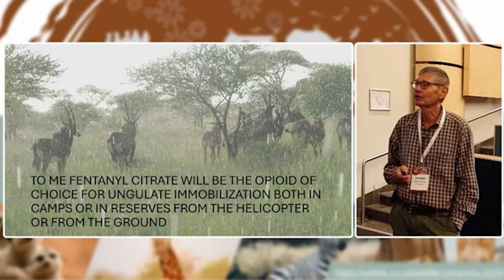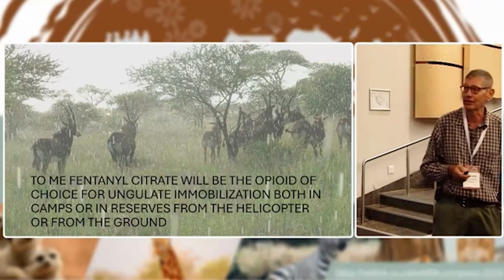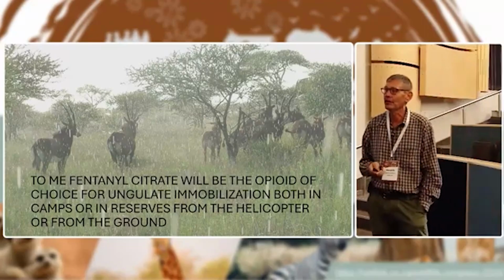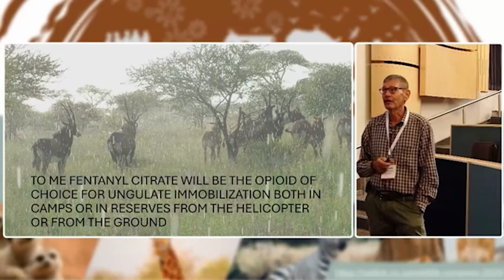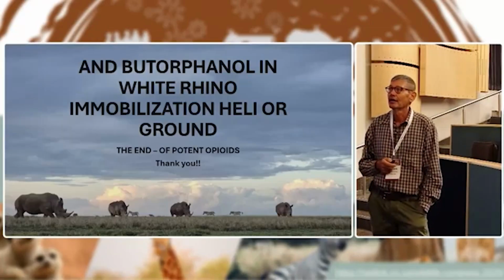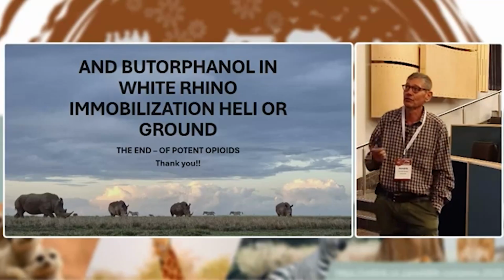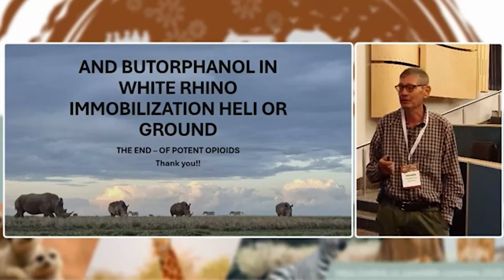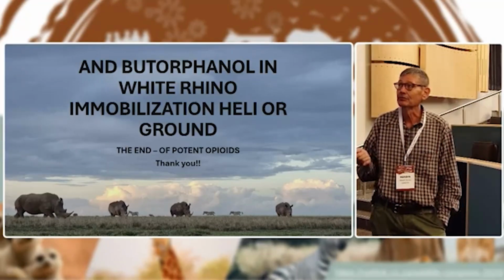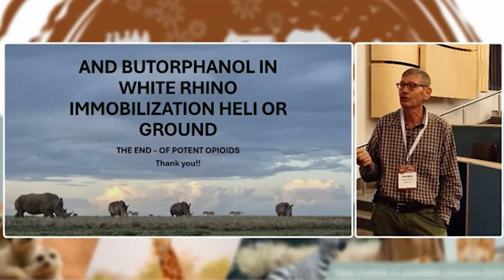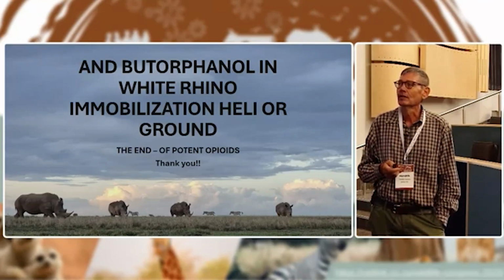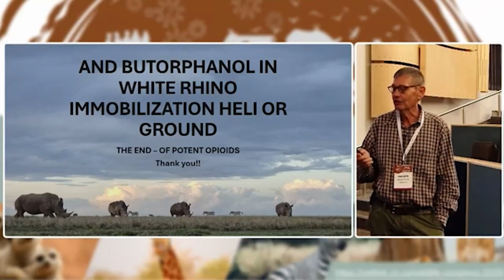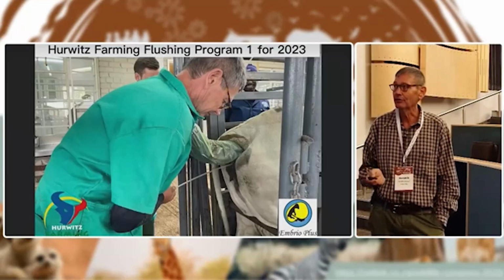To me, fentanyl citrate would be the opioid of choice in ungulate immobilization from camps or from the helicopter, in all instances, from where I'm standing at the moment. And for me, butorphanol in white rhinos will still be the choice. This might be the end of us having potent opioids in our repertoire.